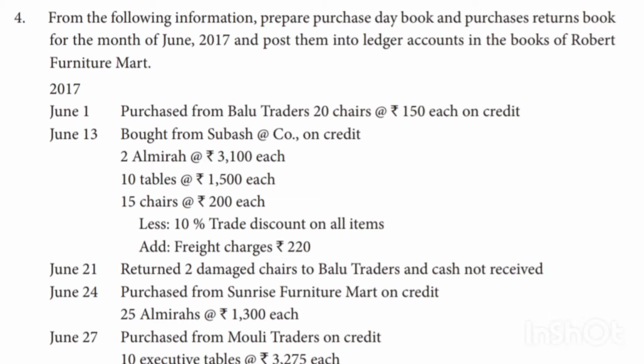For the given transactions, we are going to identify which transaction is to be entered into the purchases book and which transaction is to be entered into the purchases return book. Before that, we are going to prepare the title and the format of the purchases book and the purchases return book.